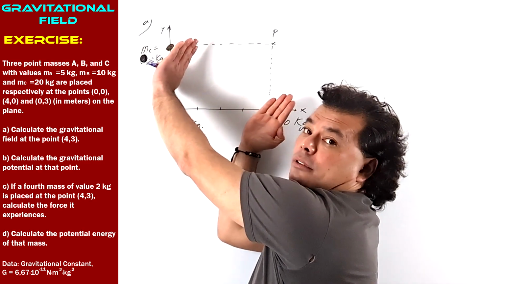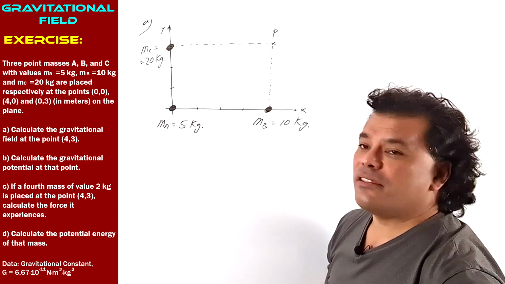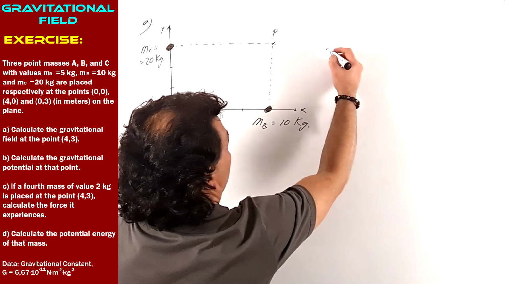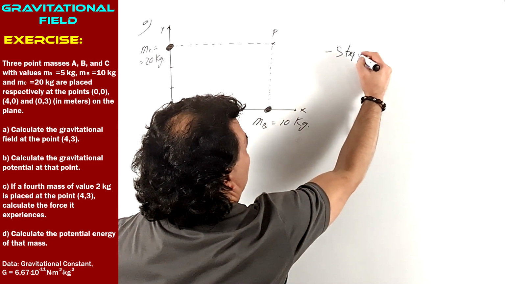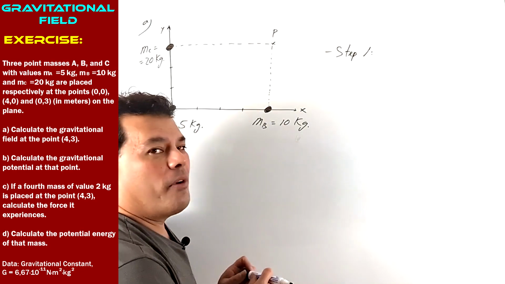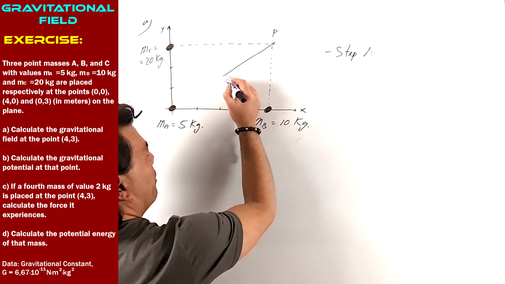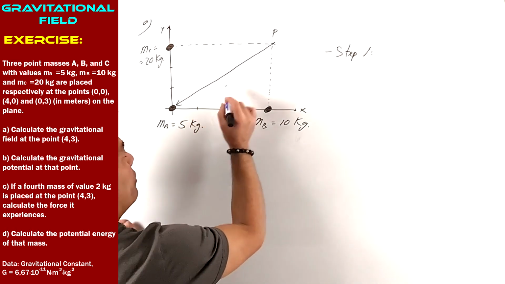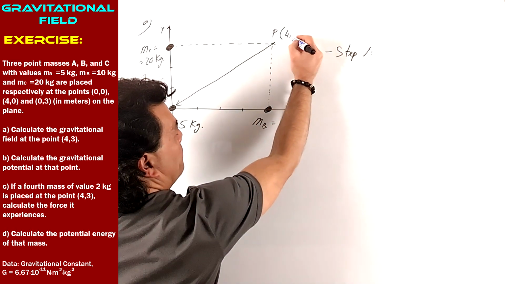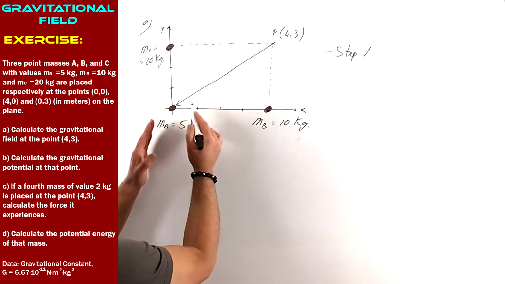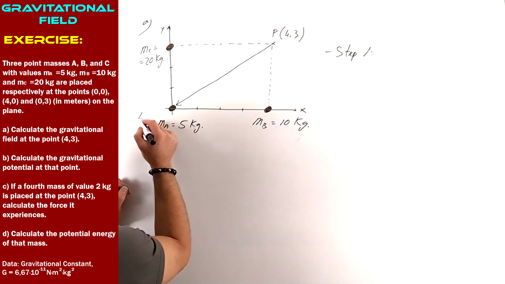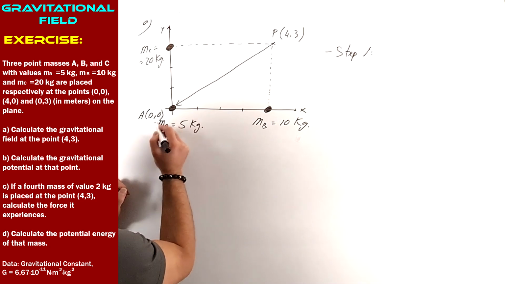So first of all, think that we are alone with mass A, and please forget masses C and B. Having said that, step number one, we are creating this vector that originates at point P (4, 3) and ends at point A (0, 0).